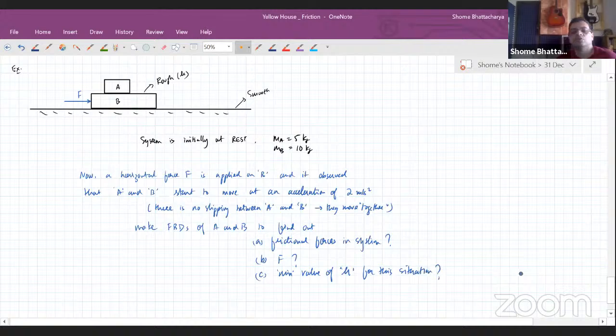What is the minimum coefficient of friction mu that is required? The ground is smooth, remember. Just take down the data of the question first, then I'll explain how we will approach this question.